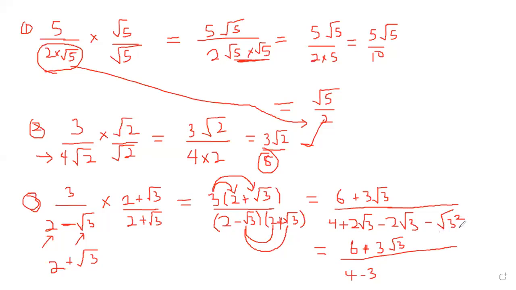Root 3 squared is 3. Plus 2 root 3 here, minus 2 root 3. If you factorize, it will be 2 minus 2, which is 0 times root 3. So this side will be 0.